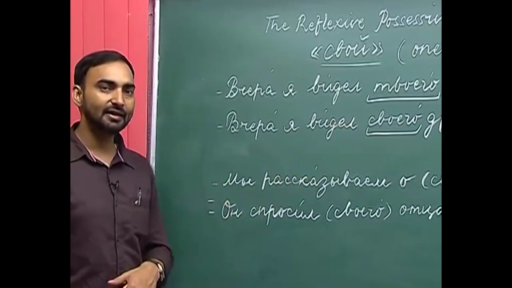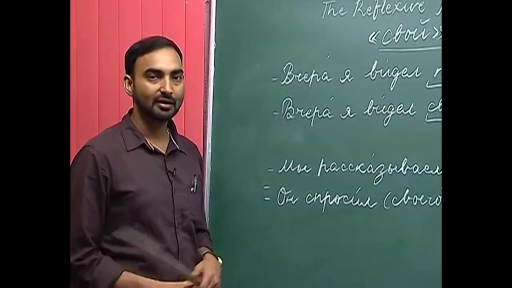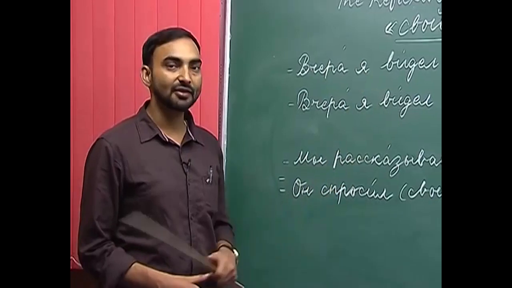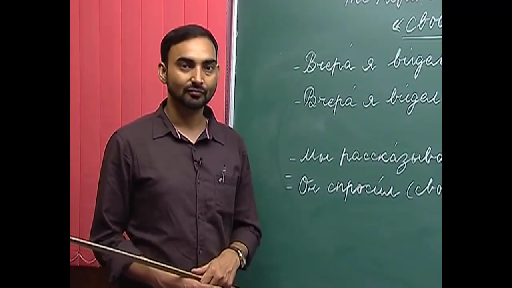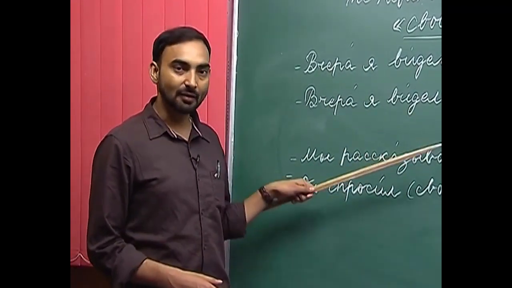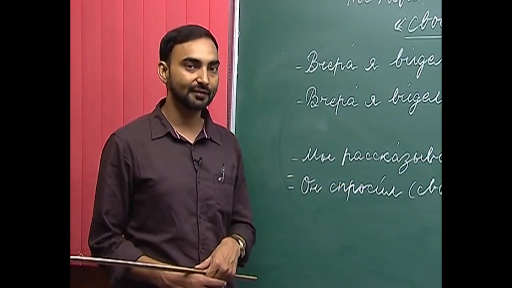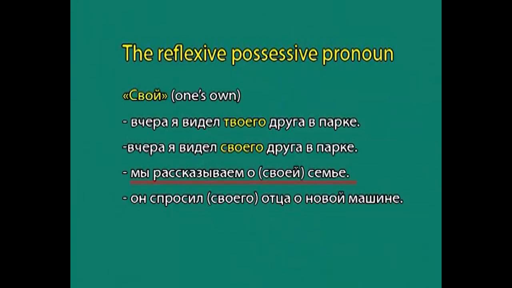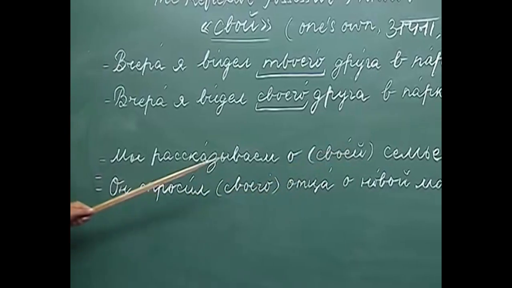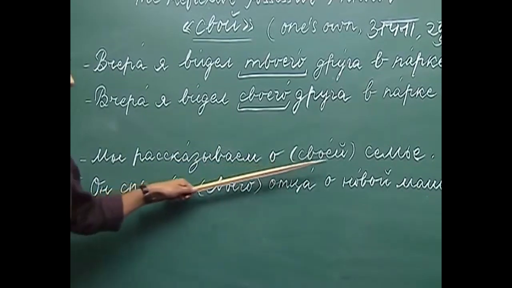In Russian, there are sentences where this reflexive possessive pronoun is dropped. So we will look at some of the instances where we do not use the reflexive possessive pronoun. Мы рассказываем о своей семье.